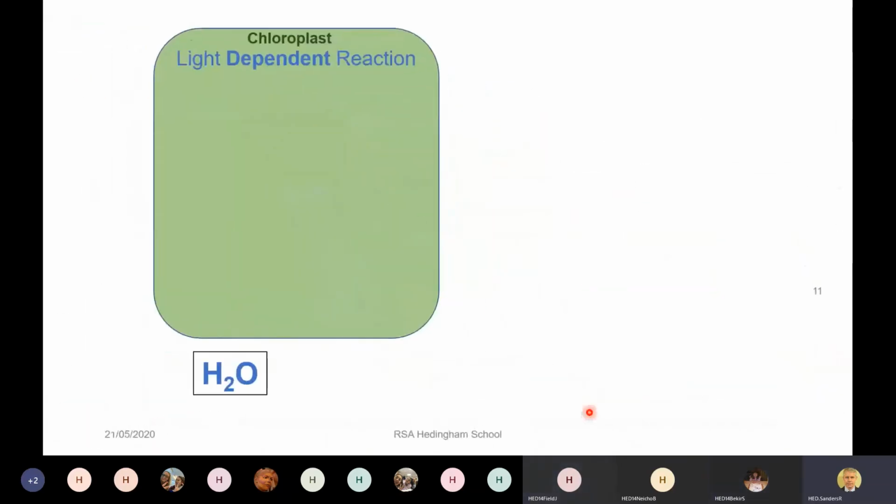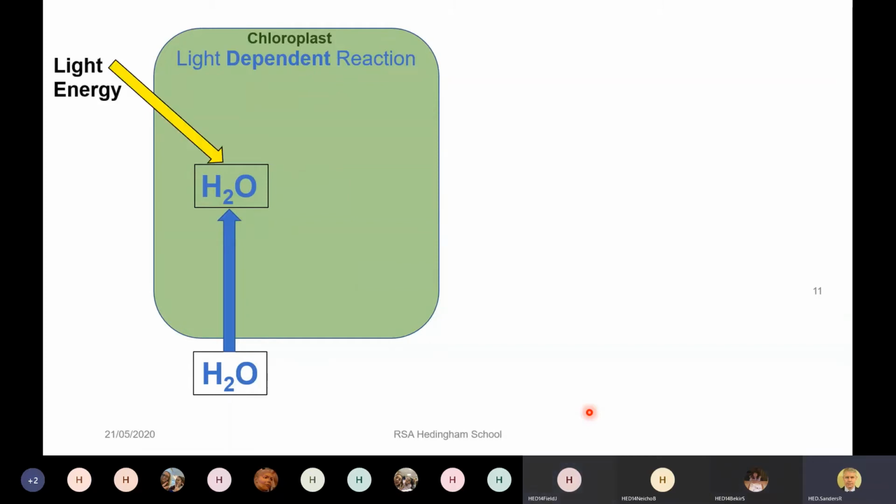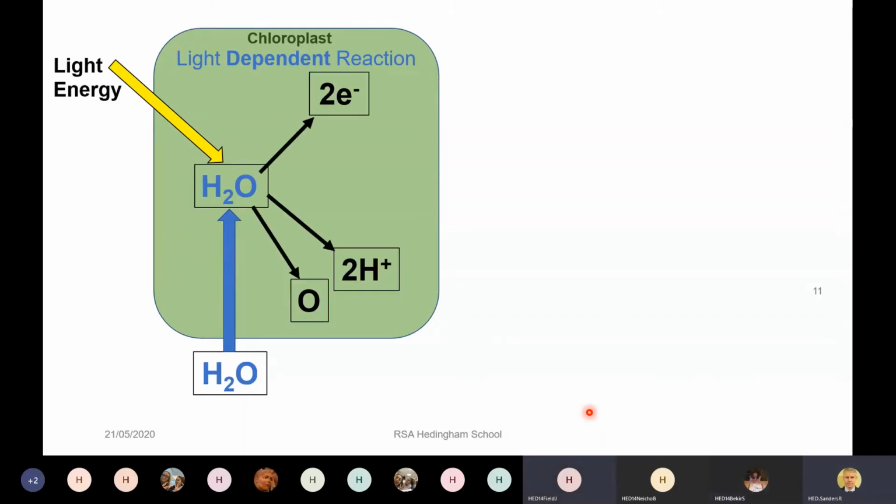Right, so this is similar to one we looked at last week. Again, this is a summary of the chemical substances. Water goes into the chloroplast. Light energy is used to split water, and that produces three things: oxygen, which is given off as a waste product, hydrogen ions, and electrons.